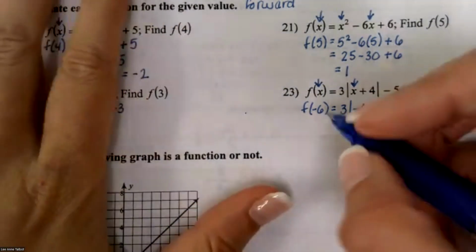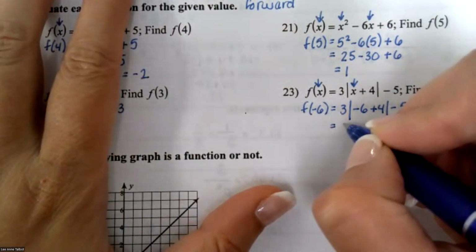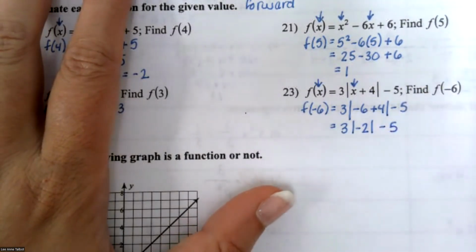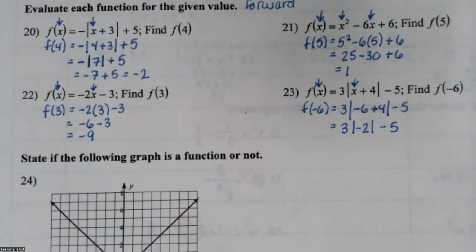Okay, what you want to do on this problem first is inside the grouping symbols. So make that negative 2. Okay. Two very important things. I want to slow down just a little. Two questions I have for you. What is the absolute value of -2? 2.